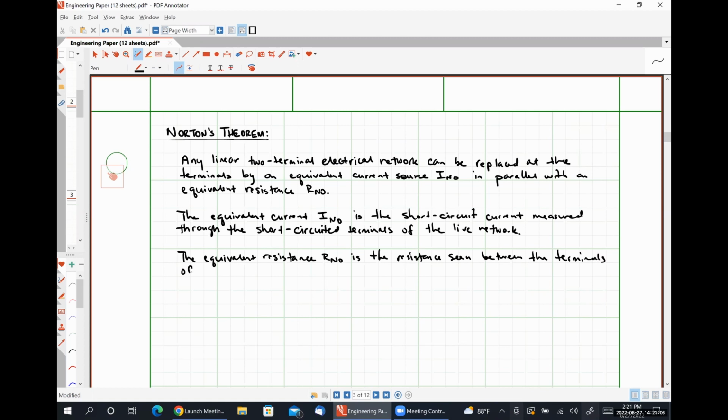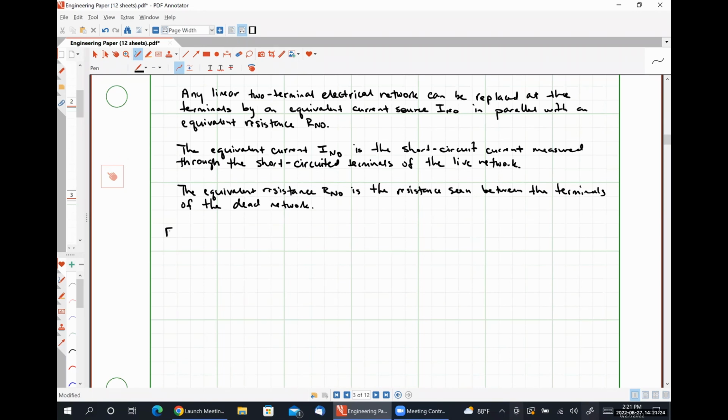Which means the Norton resistance, R Norton, and the Thevenin resistance, R Thevenin, are literally the exact same quantity. So let's talk about finding I Norton.